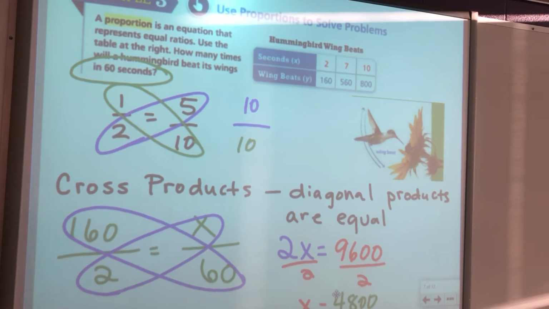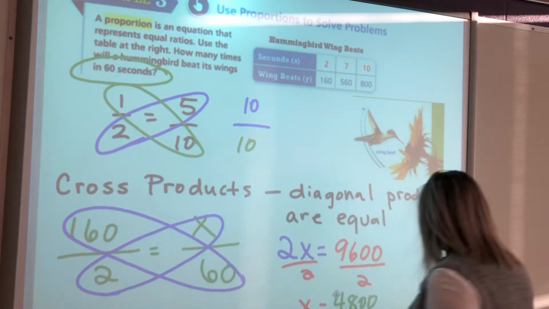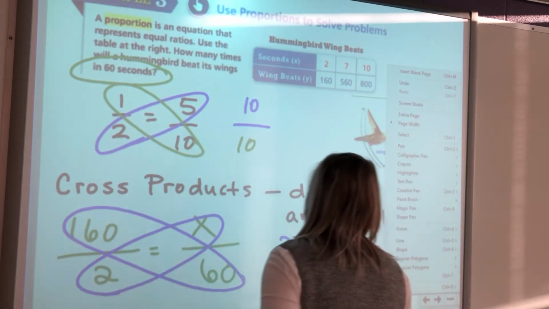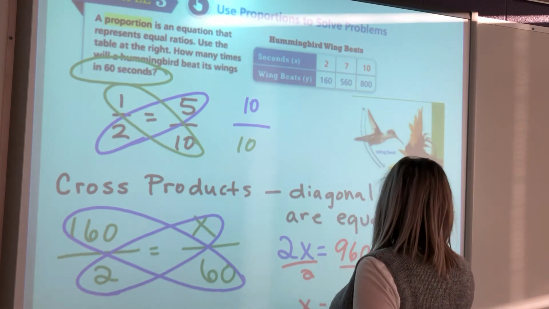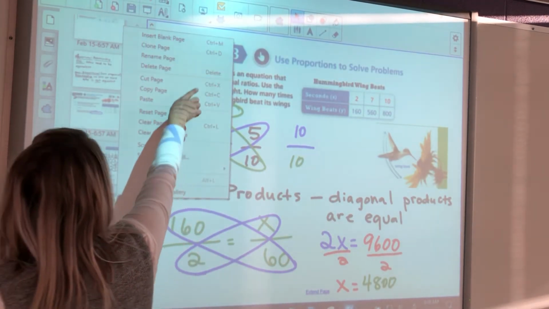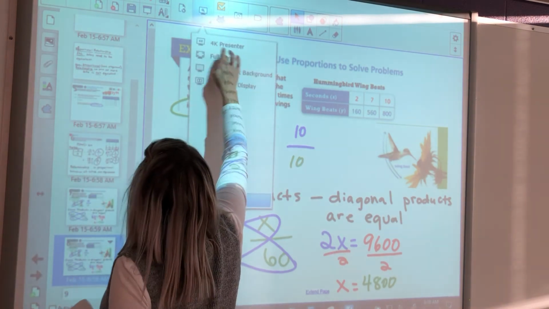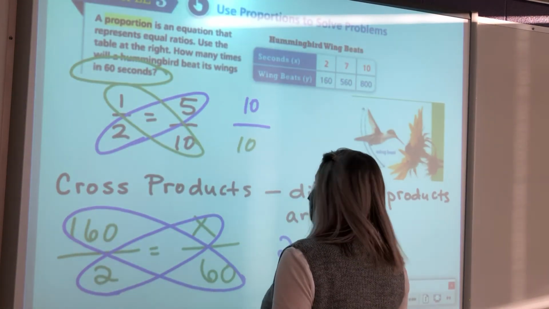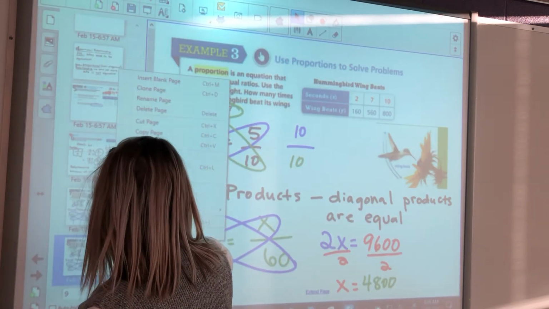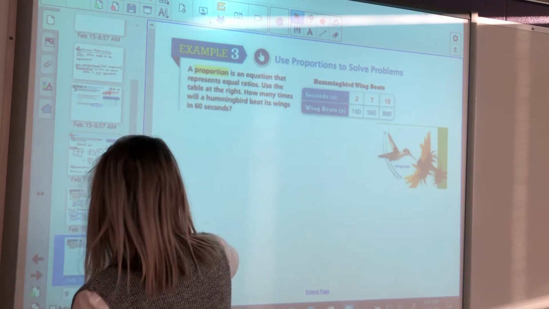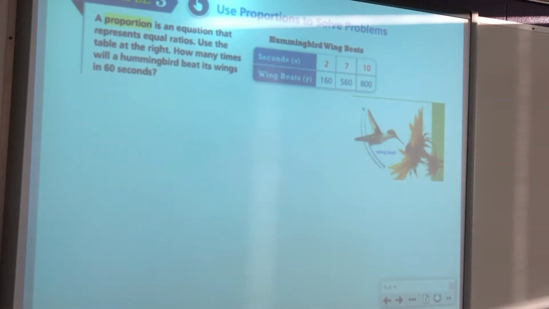Well, you can look at 800 beats per 10 seconds and divide it and say that's 80, and then 80 times whatever 60 is. So what Zach says is basically find a unit rate.